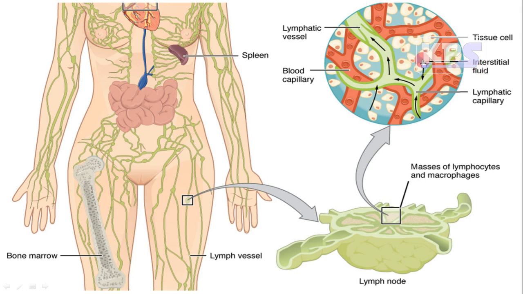The function of the interstitial fluid is to provide nourishment to the cells in the tissues, and it also receives the waste materials produced by the tissues. This interstitial fluid is then collected by the lymphatic vessels. Interstitial fluid collected into the lymphatic vessels is called lymph.